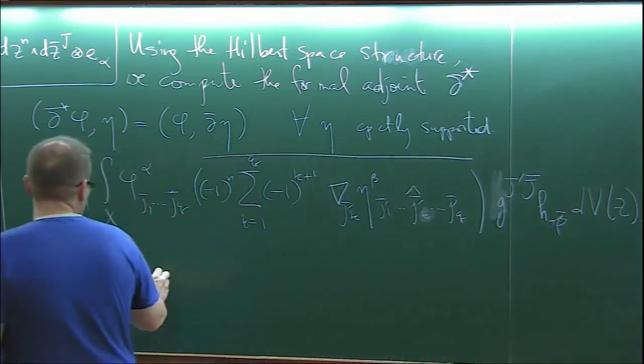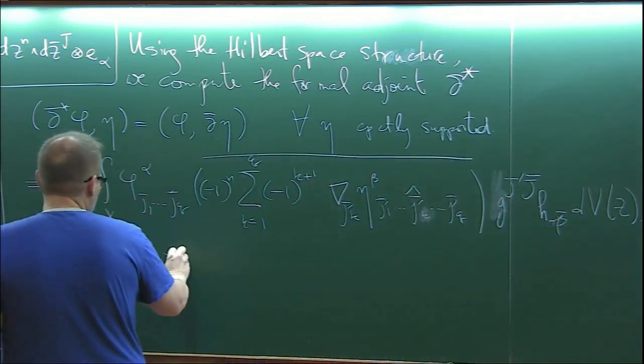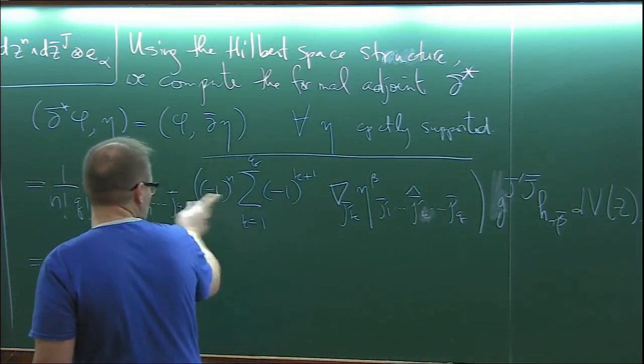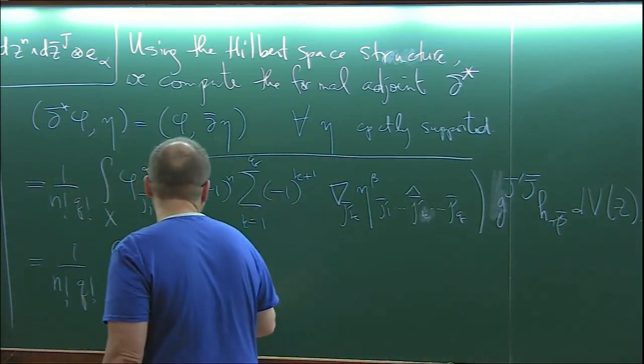So this will be negative n plus 1. You get the minus 1 from the integration by parts.